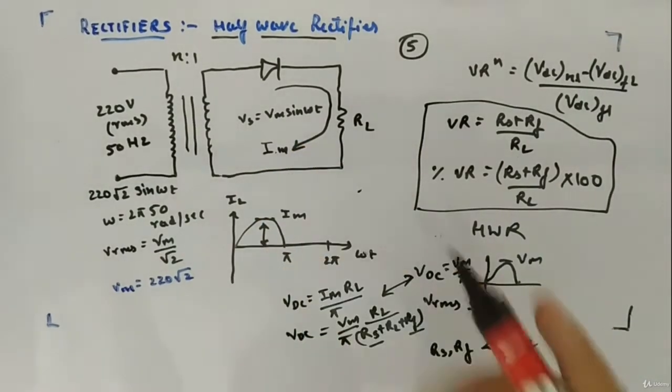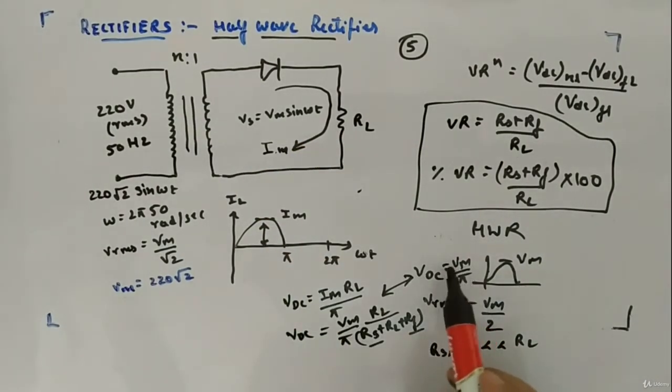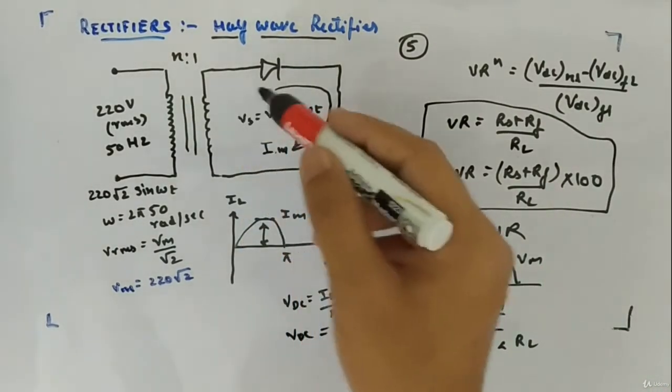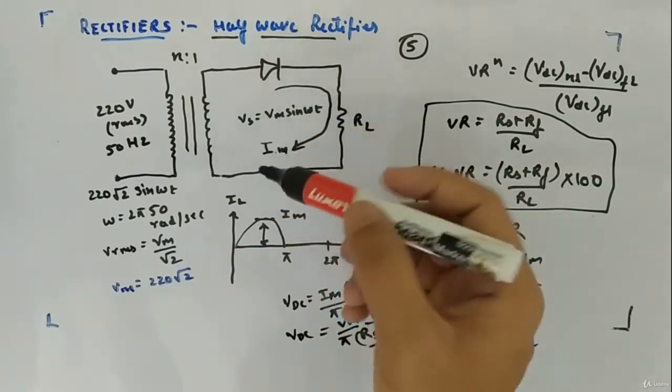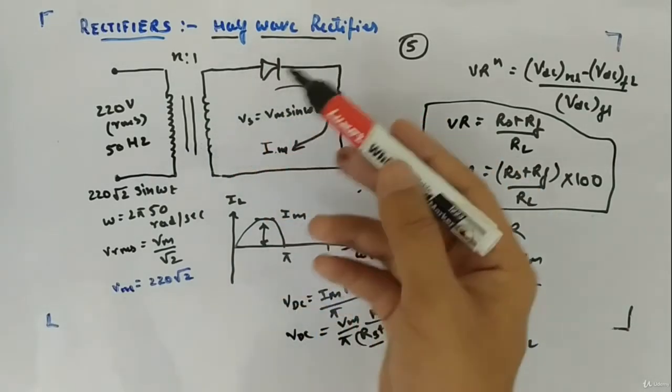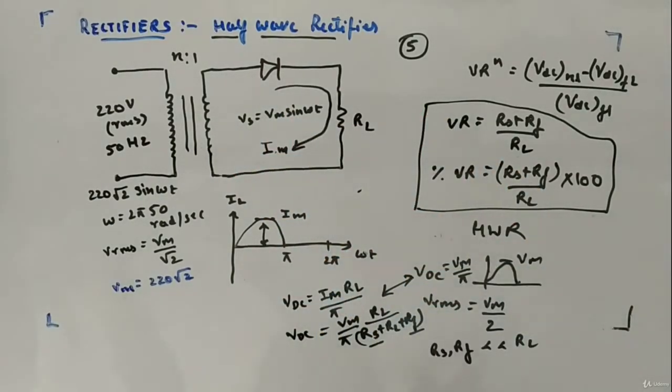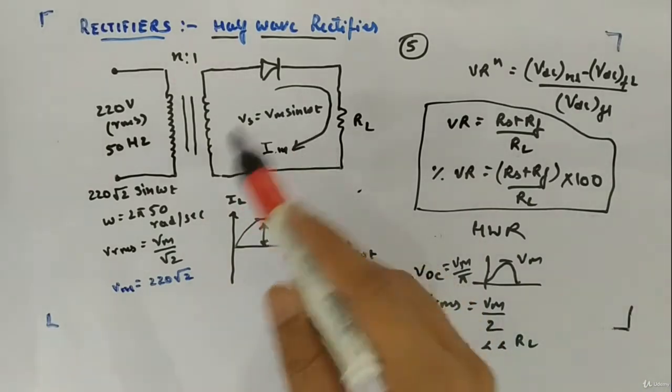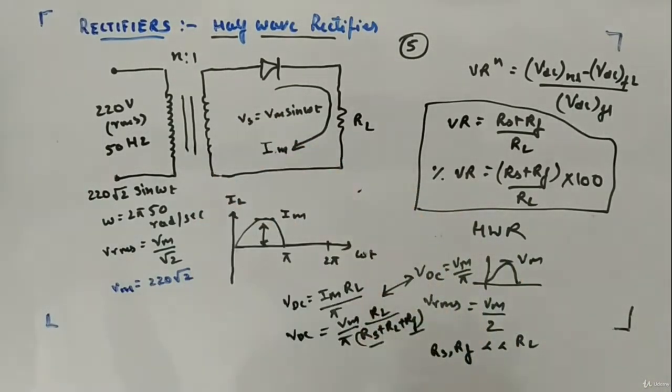Here it was not required. For the no load case we calculated Vm by pi, because there is no current in the circuit, so the RS and RF values do not appear in the no load condition. But when we calculated for full load, it was a complete path and these resistances came into play, so we took this expression instead of directly taking Vm by pi.